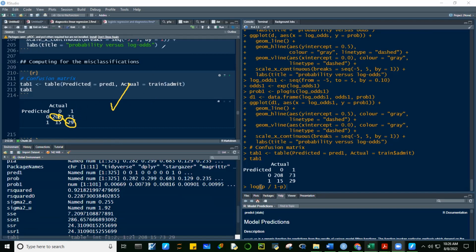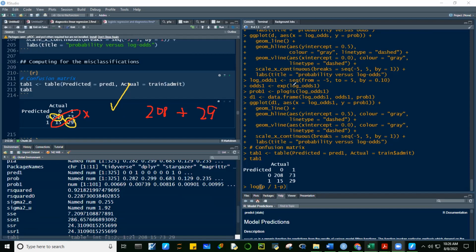And then this off diagonals, ito, these are the wrong predictions, mga mali siya. No? Predict siya na hindi ma-admit, pero na-admit siya, yung 73. And then also this one, 15, predict siya na ma-admit, pero hindi siya na-admit. So ang tama dito, 208 plus 29.